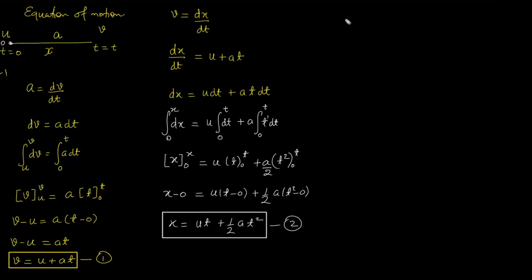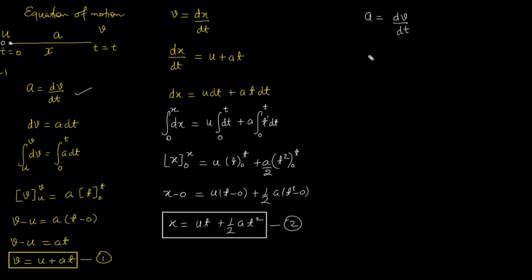Now for the third equation of motion we have to be a little bit more careful because we have to start from the beginning. Acceleration a, generally we write dv by dt. But here in this expression we actually need the relation between u, v and x.